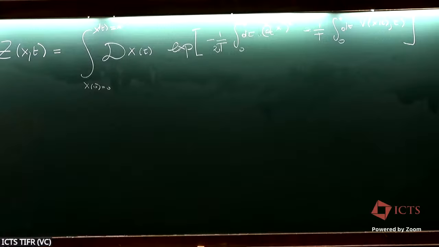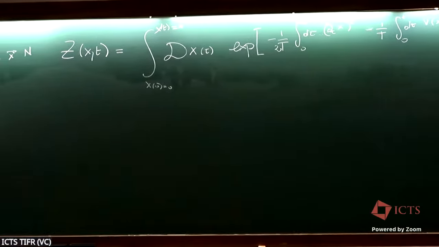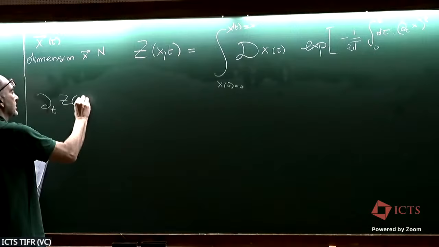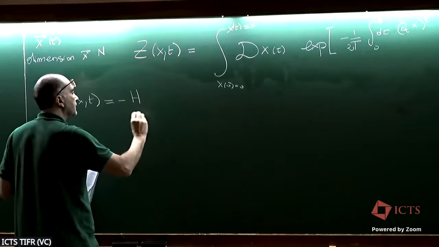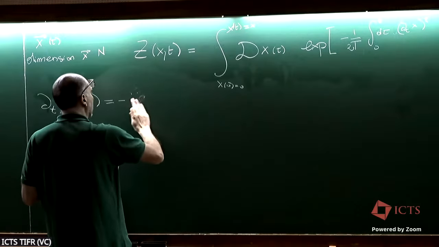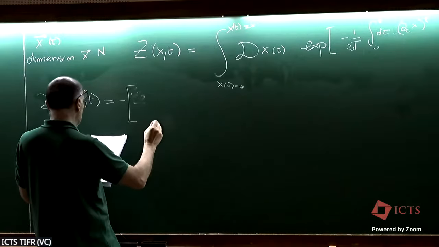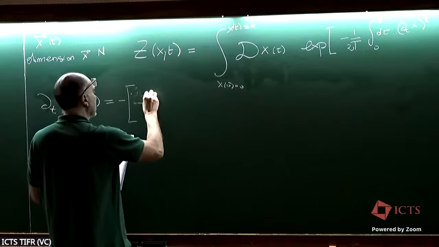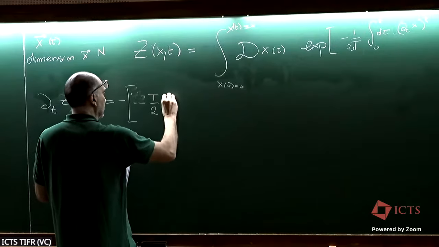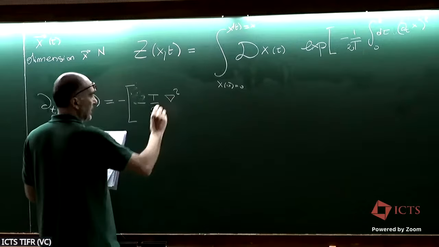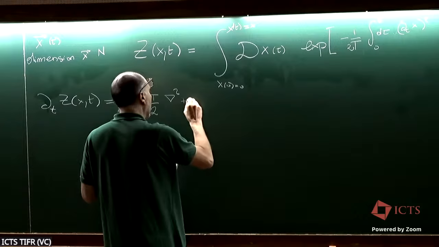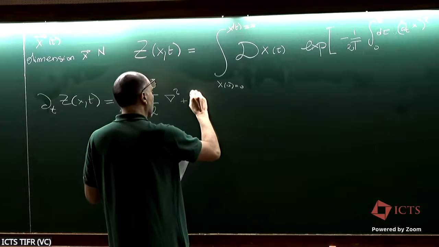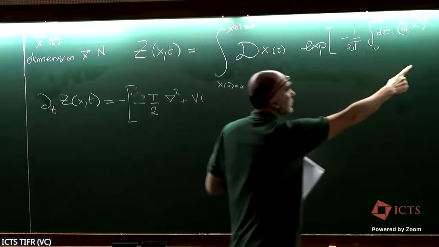Now, what I showed is that using this way of writing, you can actually use the Feynman-Kac formula and write the Schrödinger equation for the propagator, okay? So the derivative over t of Z(x,t) is equal to minus H. So let me write this H here as minus t over 2 times the Laplacian; in general, you have n dimensions here. And then the potential is V, so it's exactly what you wrote here.